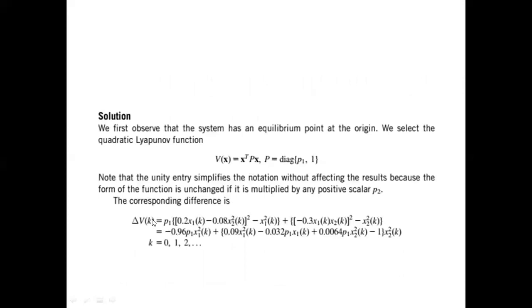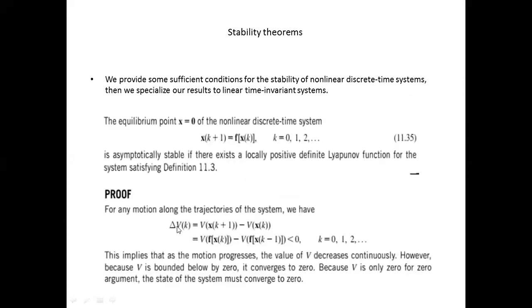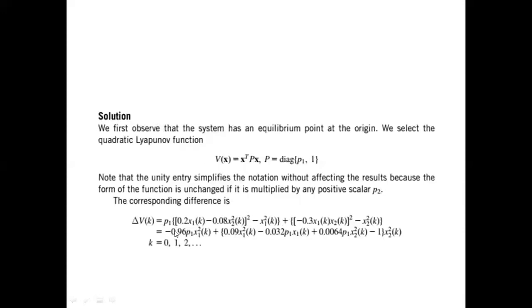Okay. Suppose a nonlinear discrete system is given, with these two discrete equations. We need to find out the stability. How can we find it? See, del V is the change between the present state and future state. Here del V is x of k plus 1 minus the present.